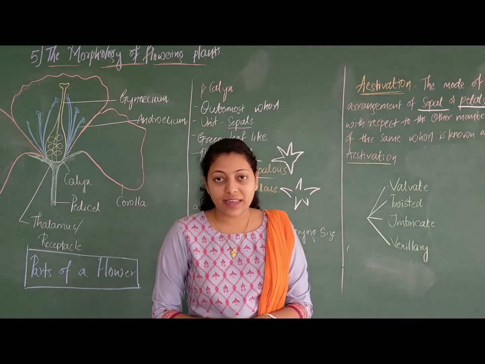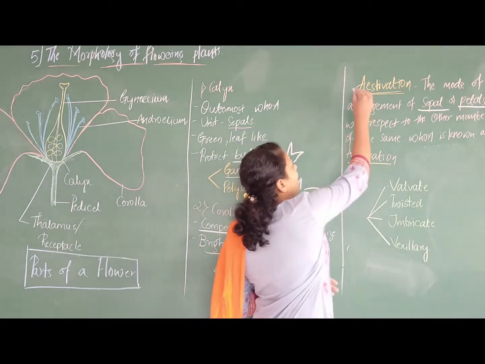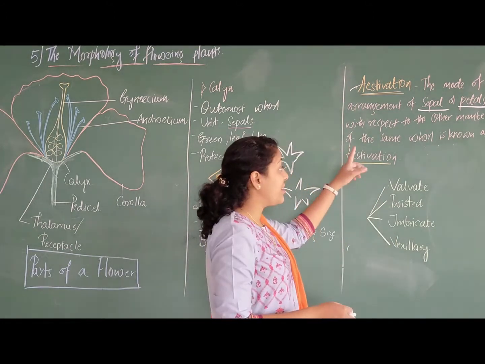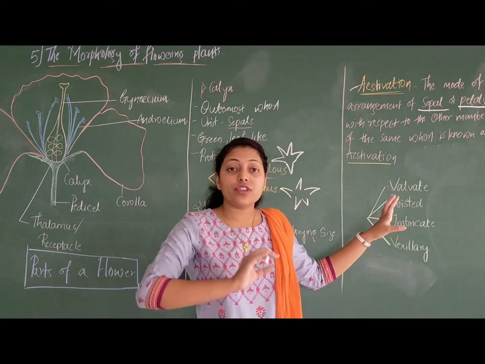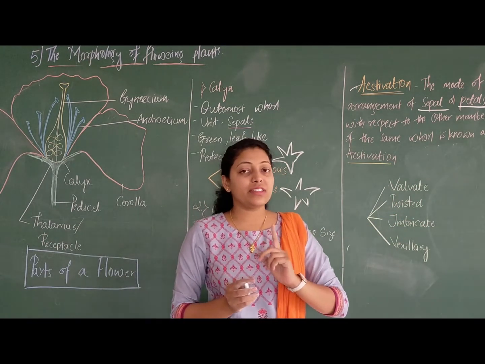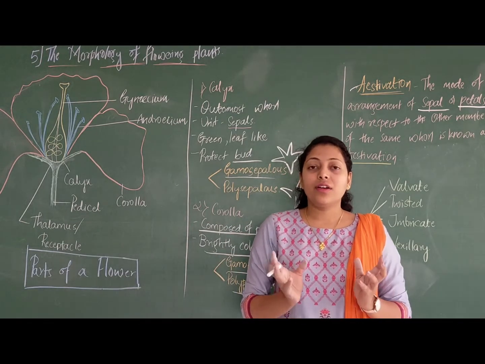I repeat again. Aestivation is the mode of arrangement of sepals or petals with respect to the other members. There are 1 sepal, 2 sepals, 4, 5, and the polysepalous condition is also there.